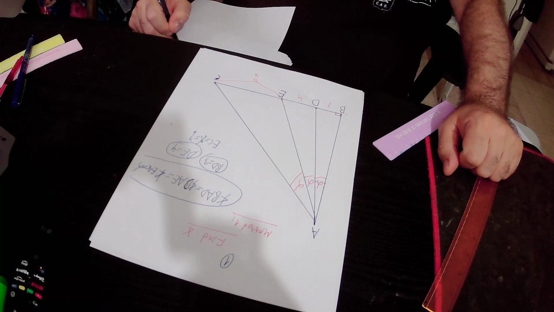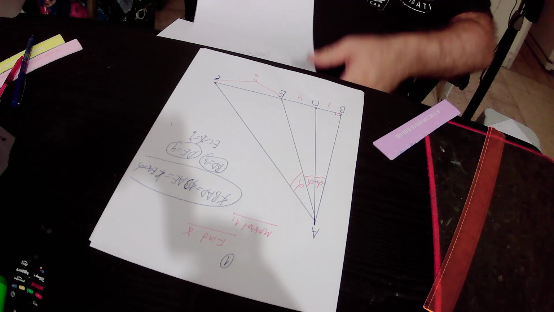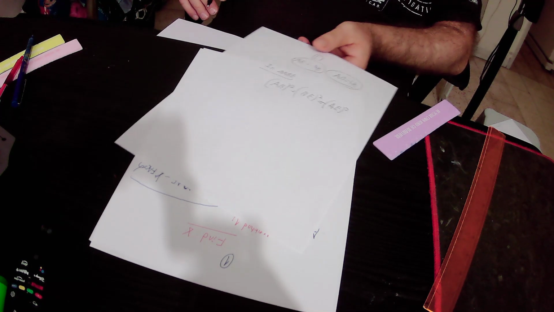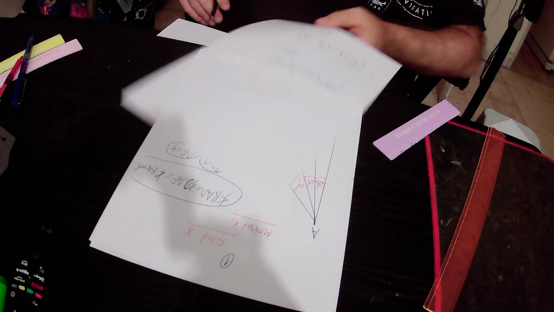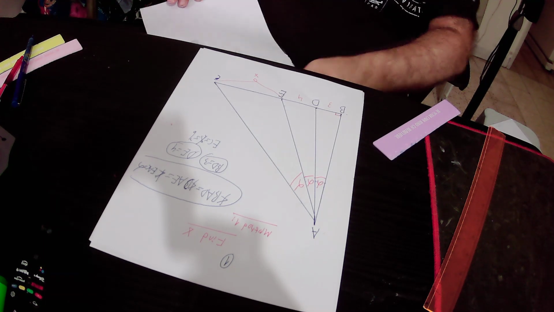Again, in the right triangle ABE, AB square plus BE square equals AE square. Okay?